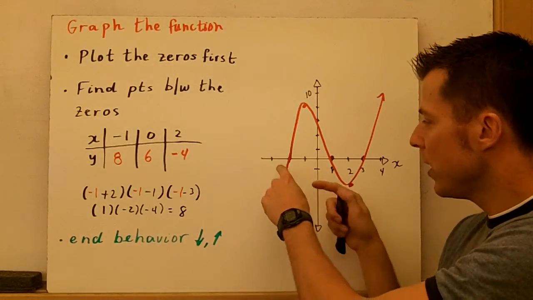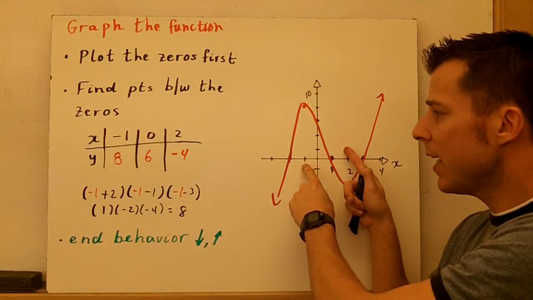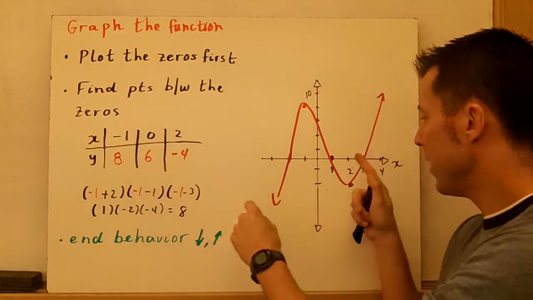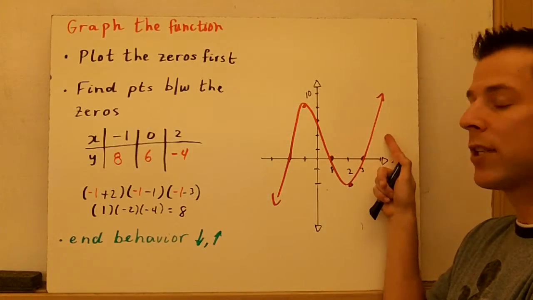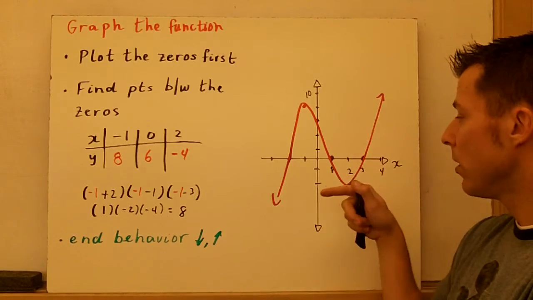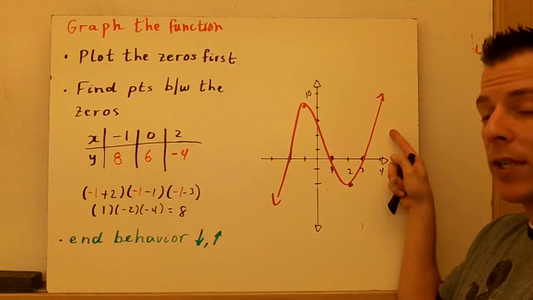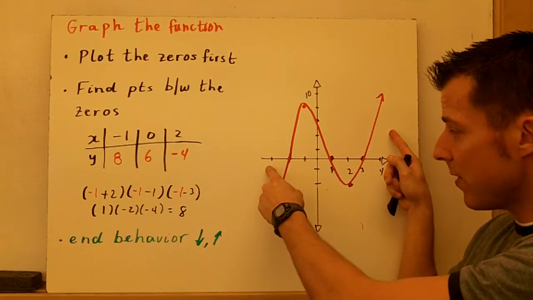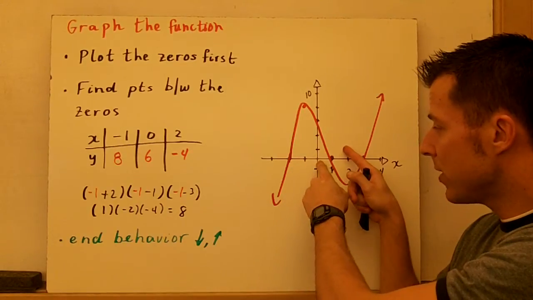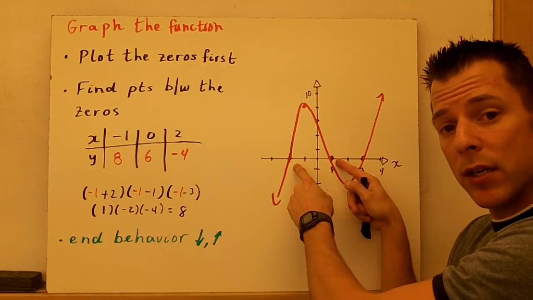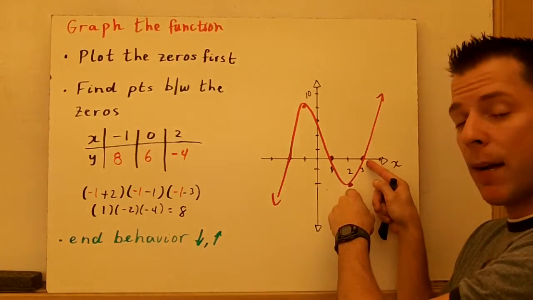Between negative 2 and 1, we could use 0 and negative 1, which are the two integers between those zeros. I could pick points outside to see where this function's behaving, but I chose points in between the zeros. And between 1 and 3, I've chosen positive 2.